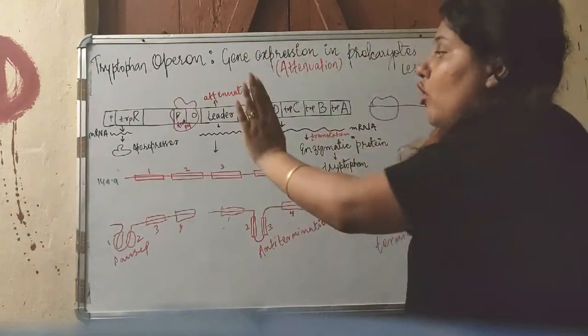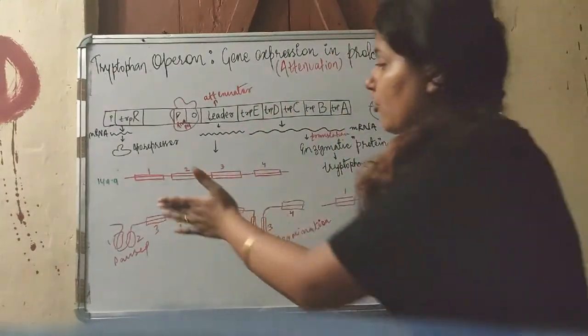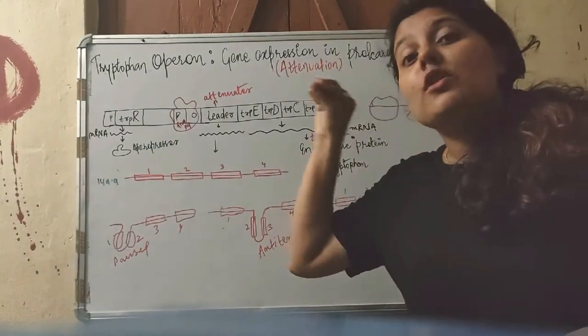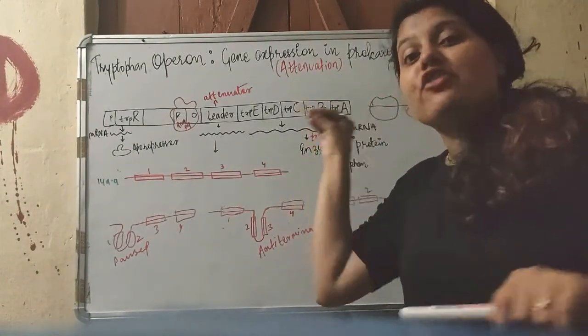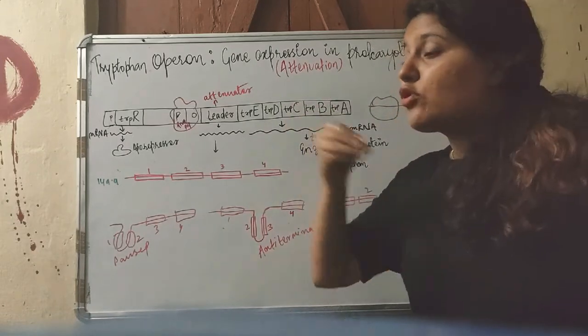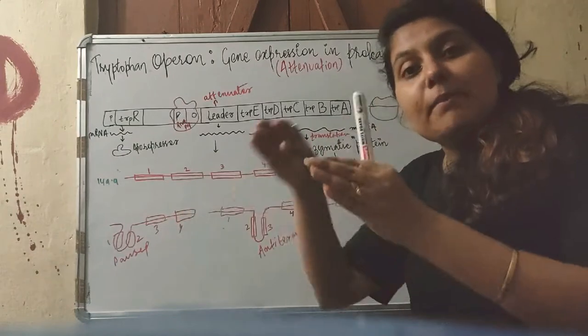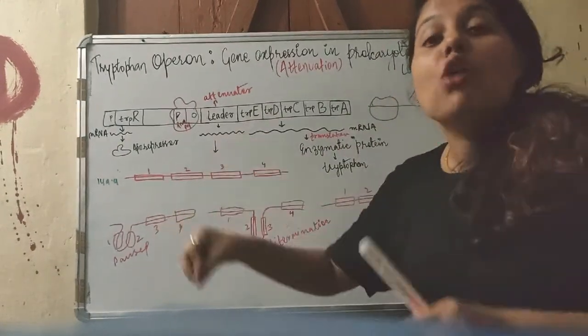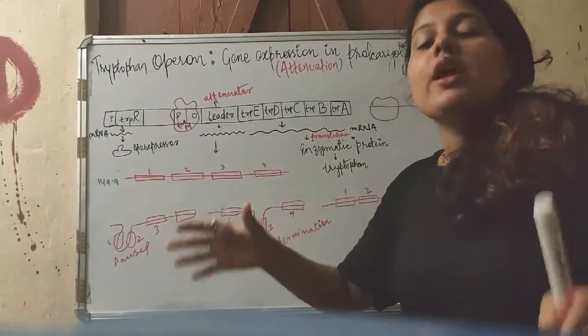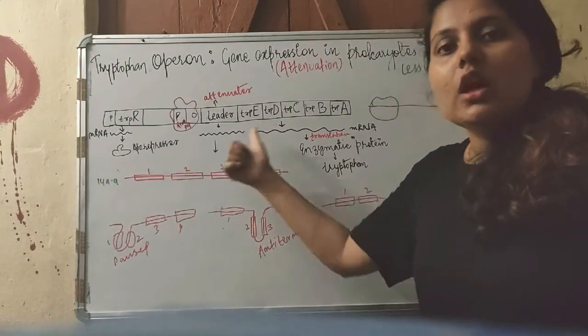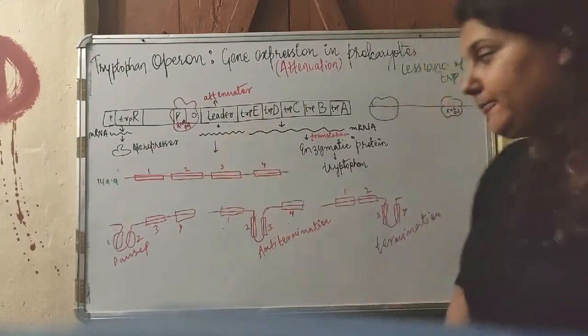We are talking about the synthesis of the polypeptide chain. In the process of formation of the polypeptide chain, what is the mechanism going on, and how will the process continue and how will the process stop, that is what we are talking about in the process of attenuation.